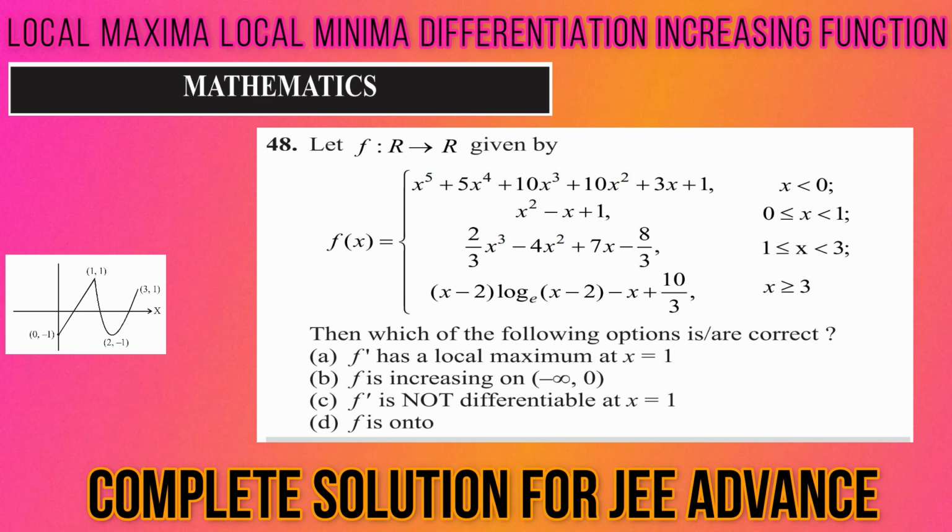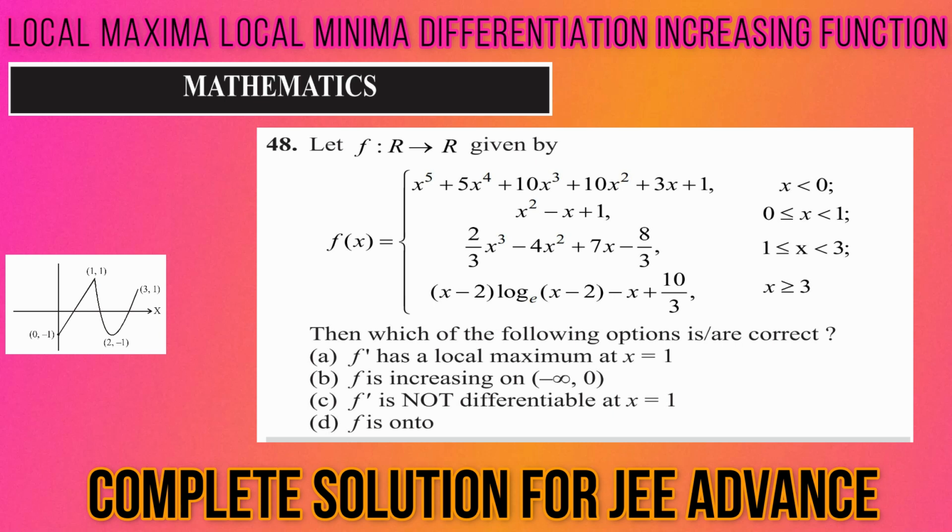The third function is defined on the interval 1 less than or equal to x strictly less than 3, and it is 2 by 3 x cube minus 4 x square plus 7x minus 8 by 3. And the fourth and last function is for all values of x greater than or equal to 3, that means x can take all the values from 3, 4 and so on till infinity.